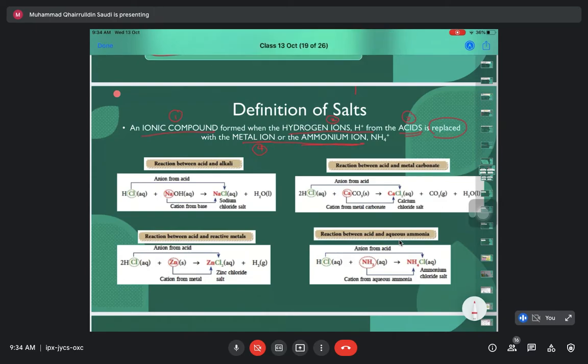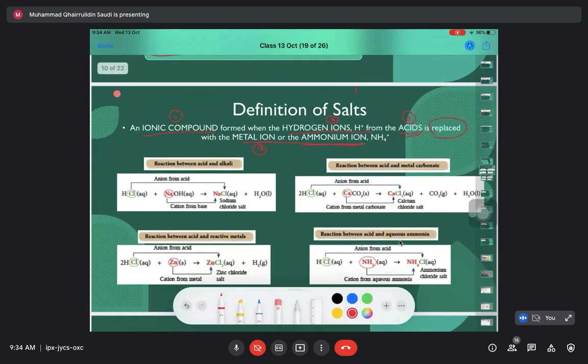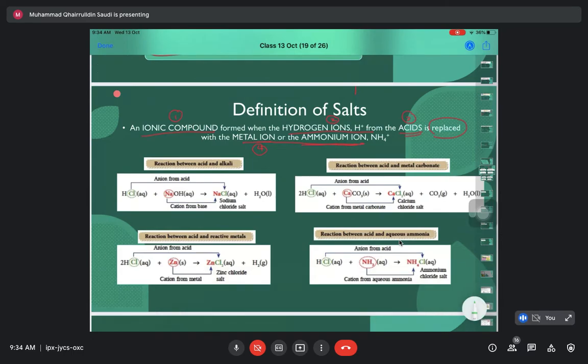Okay, remember our acid. Can you give me the names of our acid that we know of? Hydrochloric acid. Okay, hydrochloric acid. What else? Nitric acid. What else? Sulfuric acid. Okay, ada lagi? Ethanoic acid.